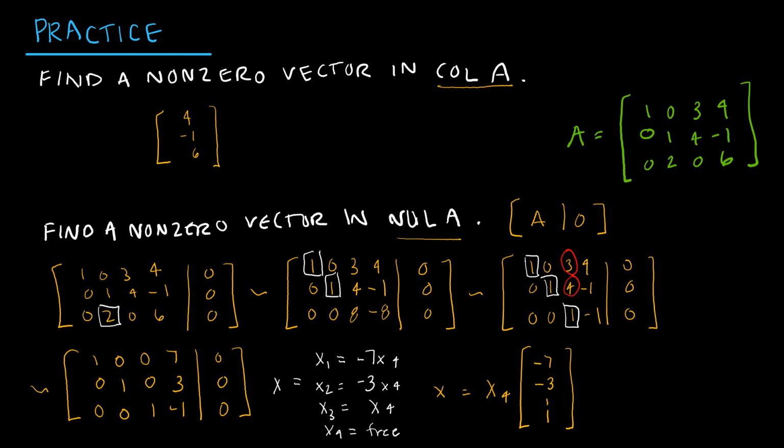And so what that tells me to do is essentially come up with some x4, whatever x4 I want, and then multiply it. So let's just say x4 is 2.